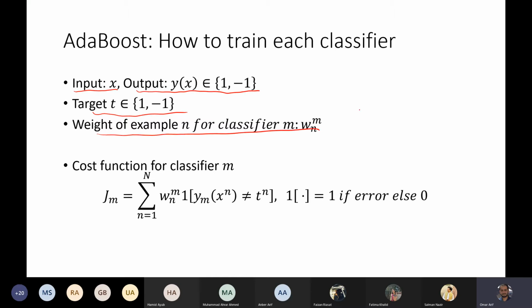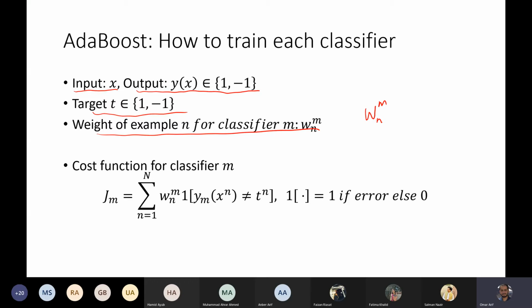So let's denote the weight of an example by this scalar value W. The subscript would indicate which example it is, where N means it is the nth example, and the superscript indicates which classifier it is.